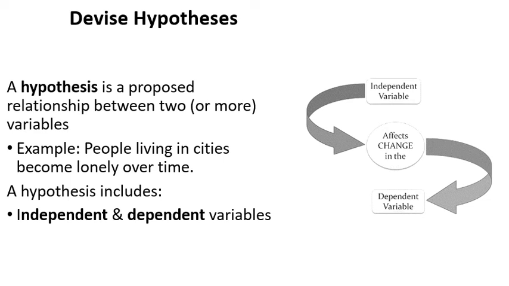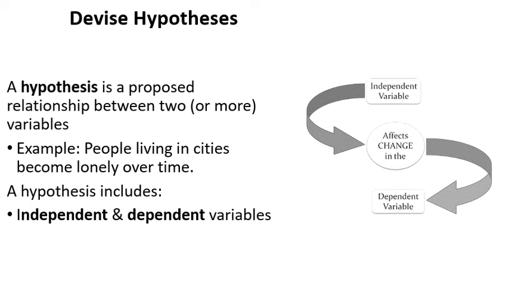So, residents in a city, that's three variables: whether or not someone lives in a city, how long they've lived in a city, and some question about social connection or lack of connection. A hypothesis that I might propose might be like the one on the slide here. As an example, I might say something like, people living in cities become lonelier over time.